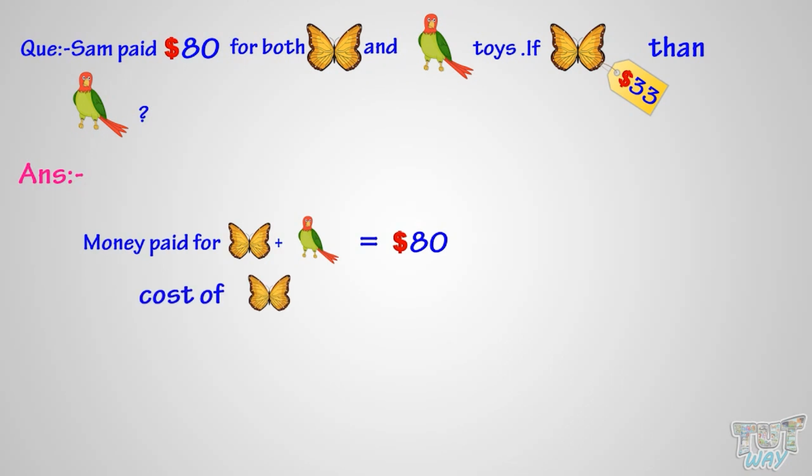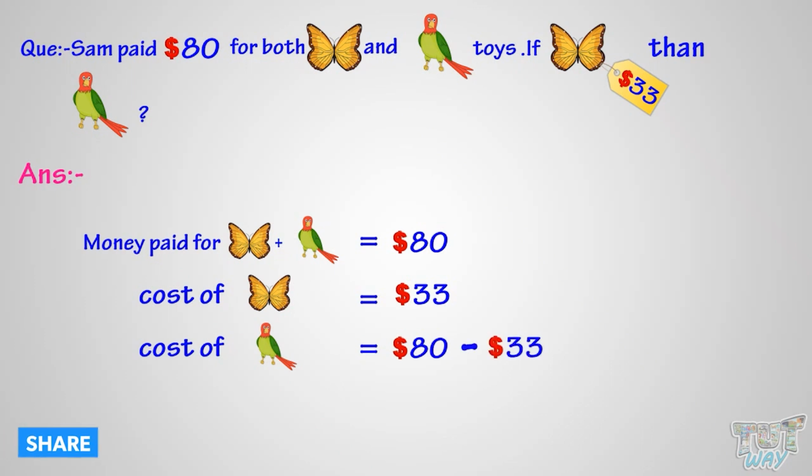The cost of the butterfly is $33. Then cost of the parrot is $80 minus $33 equals $47. So, cost of parrot is $47. Now, let's solve a few more problems.